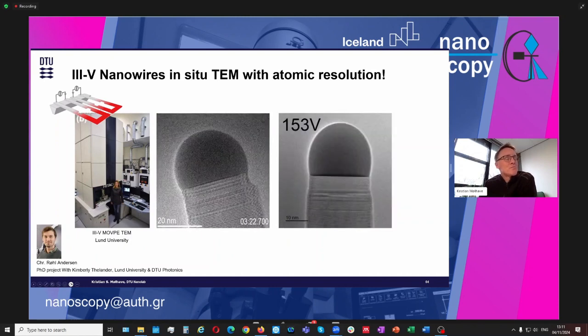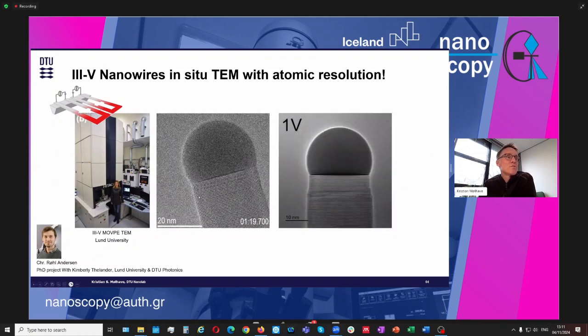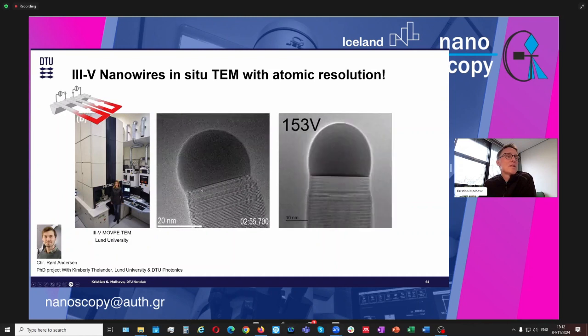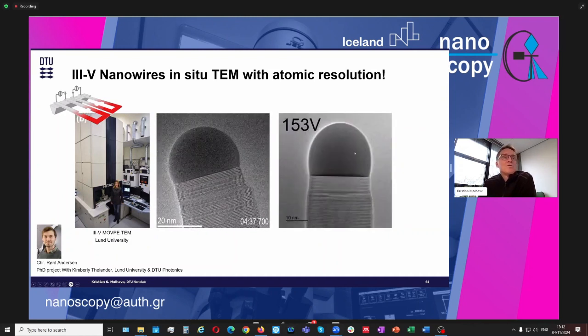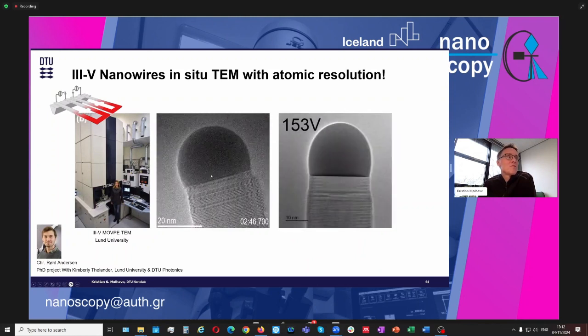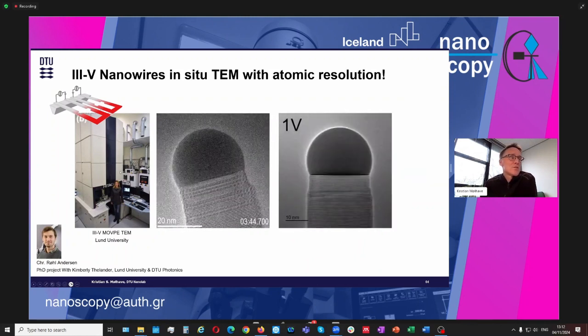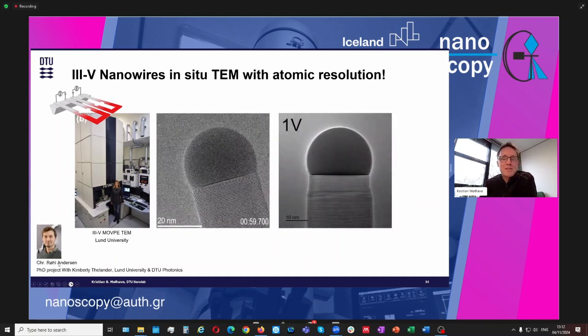And instead of the old TEM we had at IBM that had very poor resolution, now we get atomic resolution, and we can see atomic layer by layer as the nanowires are growing in the TEM. And with our chip systems, we can begin to deform the nanowire droplet and see how that influences the nanowire growth. So this gives us a completely new set of glasses to much better see what's going on. And Christopher Røhl Andersen just finished his PhD on this.